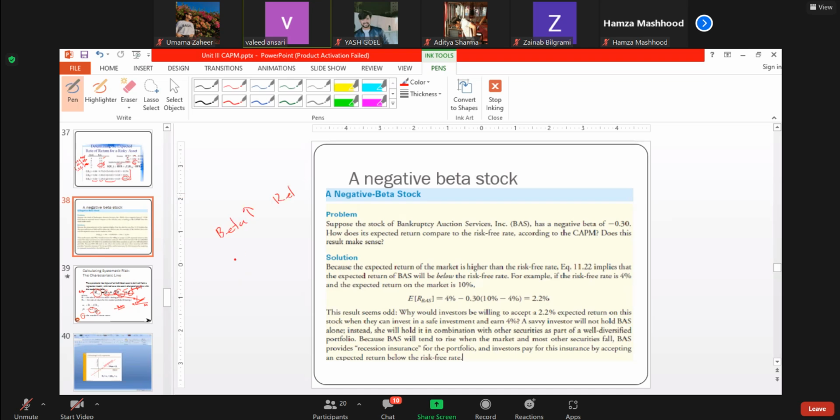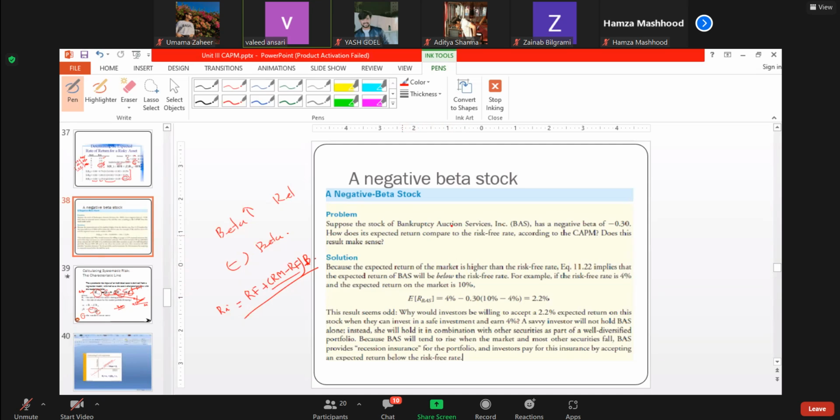If anything has got negative beta, if you put negative beta in this equation, the return on the security is the risk-free rate plus RM minus RF, that is the market risk premium, times the beta of the security. If beta is negative, this term will become entirely negative, and then you subtract it from the risk-free rate.